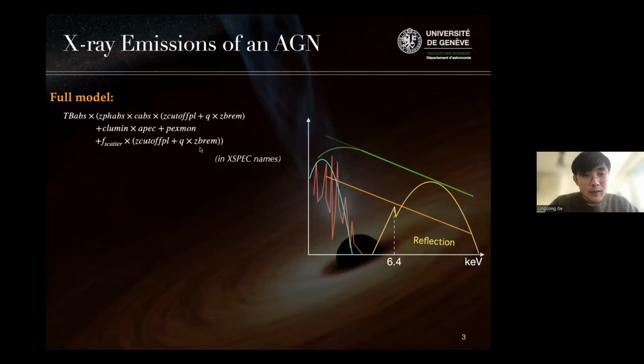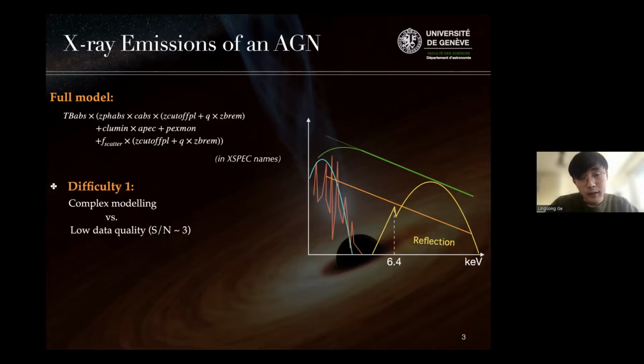This gives us mainly two difficulties when we try to fit spectra in large surveys. The first is the conflict between complex modeling and the on average low data quality, with a signal to noise ratio around 3 or mostly below 5. So how do we fit low quality data, with a simple model or with a complicated model?